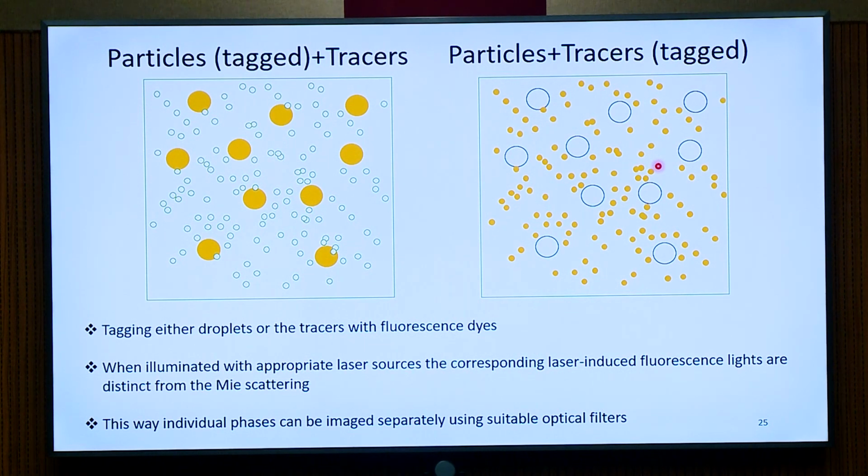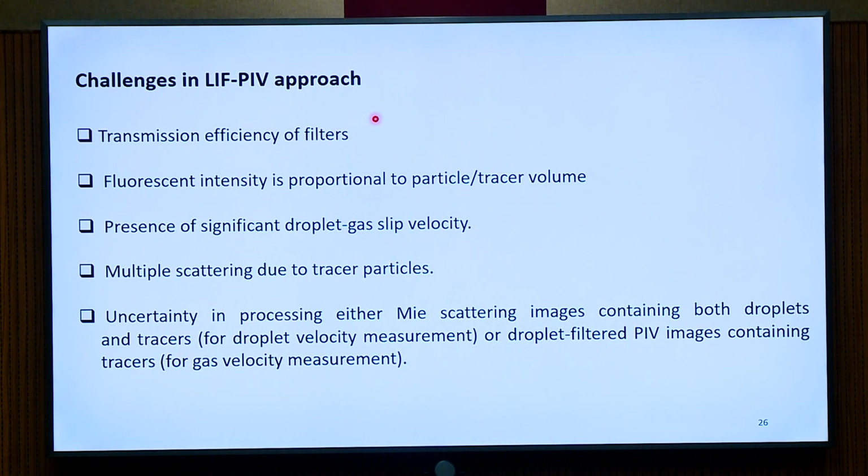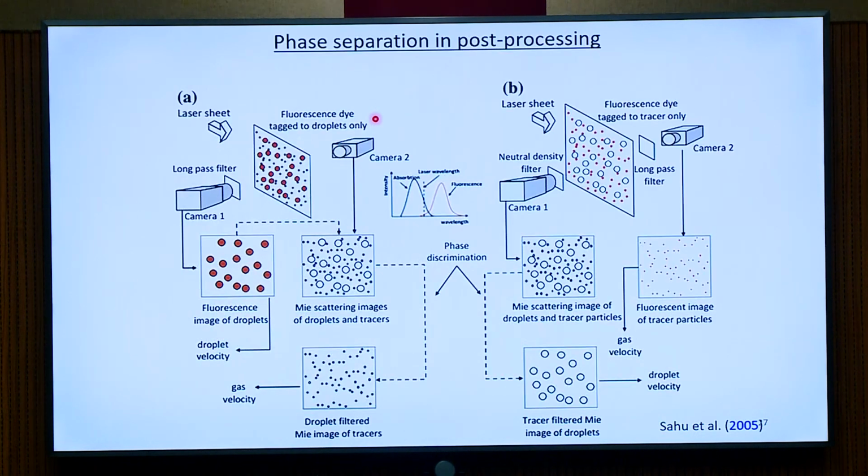So we can use that approach. You can add dyes to the particles if you are using liquid particles. Otherwise, you have to use the dye for the tracer particles only. Then we can image the two.